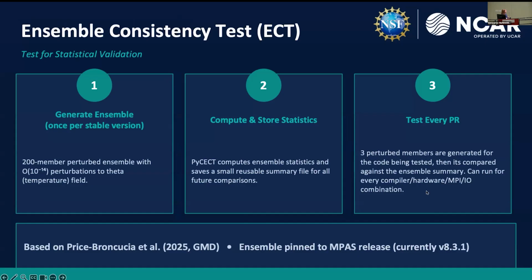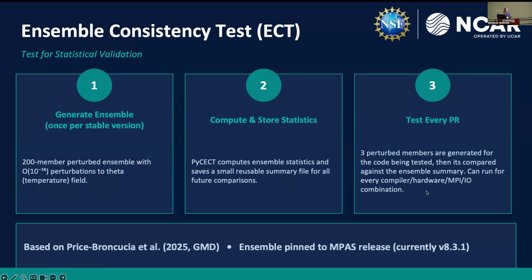All right, the ensemble consistency test. The way this test works is that you take your initial condition file and then you perturb it with a uniform random distribution of perturbations at the bit level, the double precision bit level, just in the temperature field.